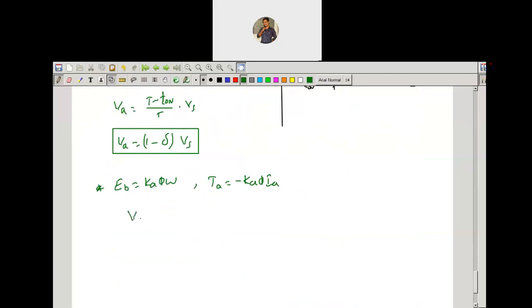As you know, Va equals Eb plus Ia Ra. From this you can substitute the Va value, Ia value, and you can draw the speed torque characteristics. So it's about the braking mode of operation. Let me draw that speed torque characteristics very quickly.